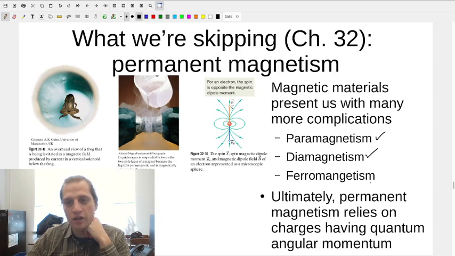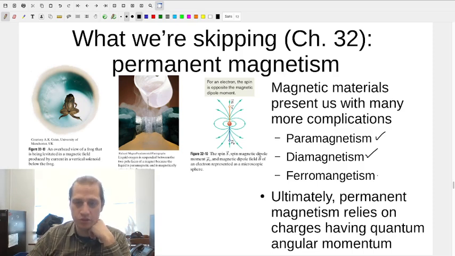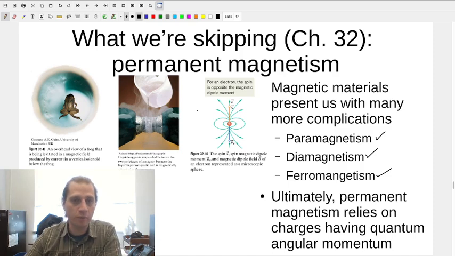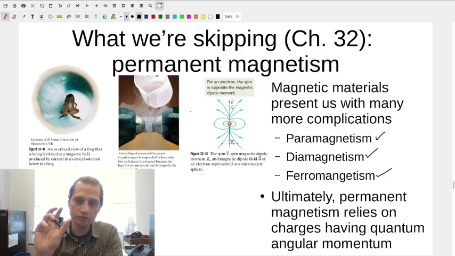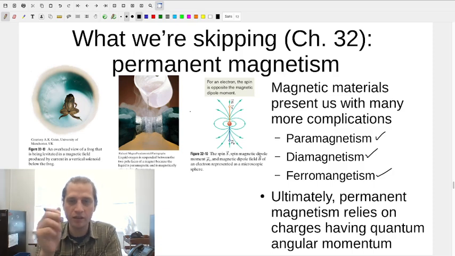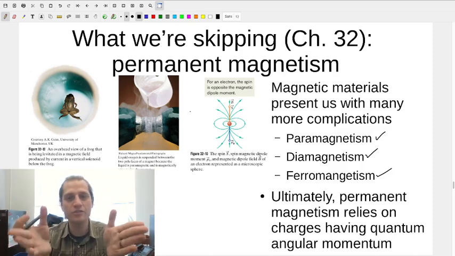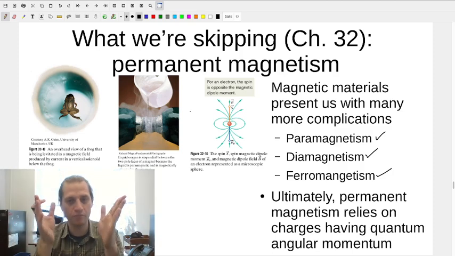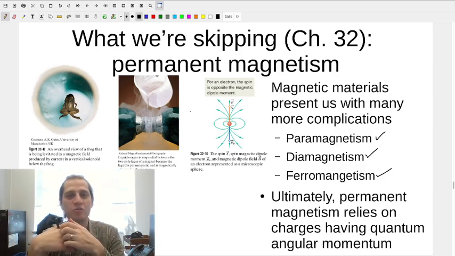And also, maybe even most importantly, we have ferromagnetism, which is the sort of permanent magnetism where the angular momenta of the little tiny atomic components are lined up with each other. And so that allows you to have these permanent magnets that were the things that were discovered the first, but understood sort of the last.